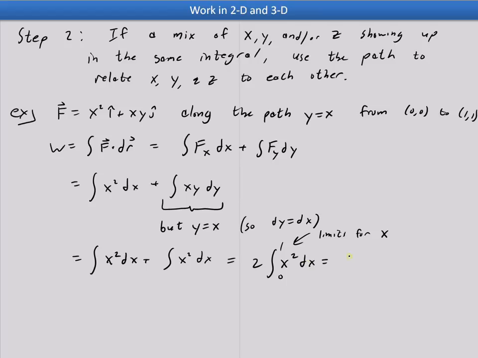All right, so we're going to get 2 times x cubed over 3, evaluated from 0 to 1, is equal to 2/3. Now you might wonder, instead of saying y equals x, why don't we say x equals y? Of course you can. It wouldn't change anything at all. This integral would then be the integral of y squared dy. No problem, because same limits. Gives you the same value. Has to.